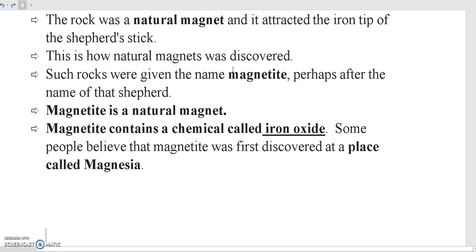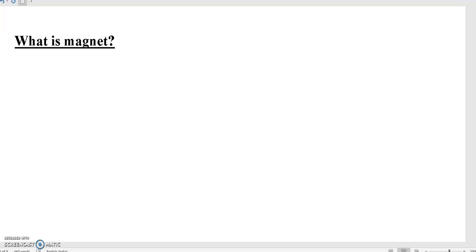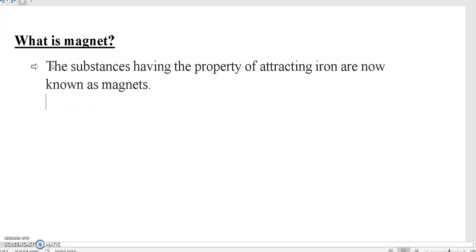Now let's look at the definition of a magnet. We know that there was this substance which has the property of attracting iron. So we can say that substances having the property of attracting iron are known as magnets.